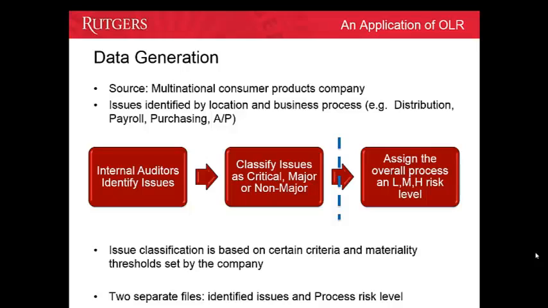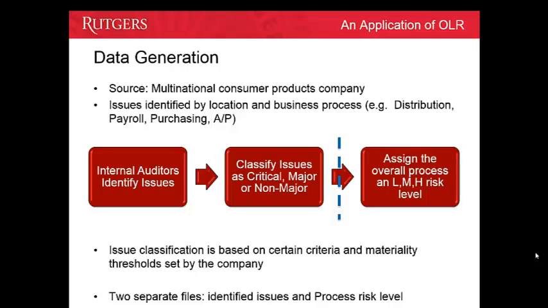It is provided by the internal audit department of a major multinational corporation, and it covers the period extending from fiscal year 2008 until 2011. The locations cover several countries, and the business processes include, but are not limited to, revenue, accounts payable, distribution, computer installations, etc.